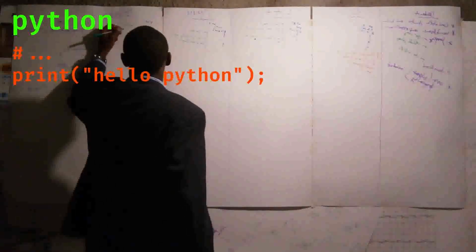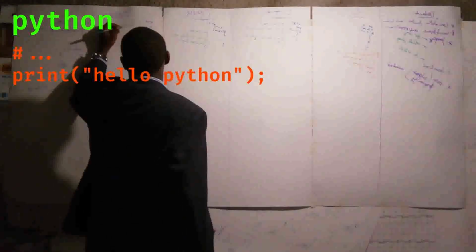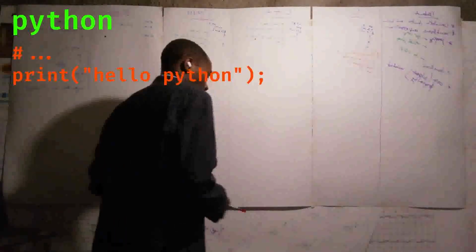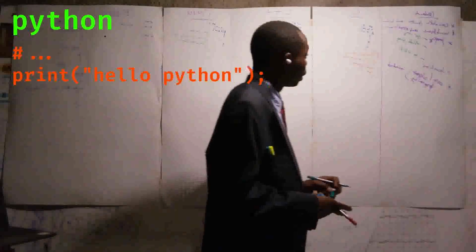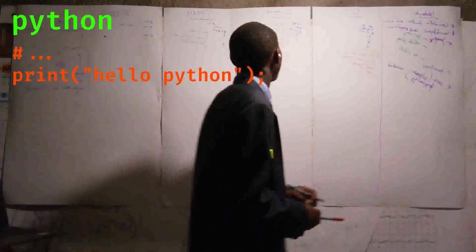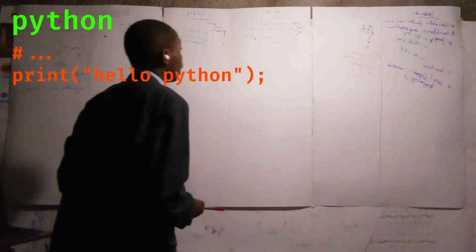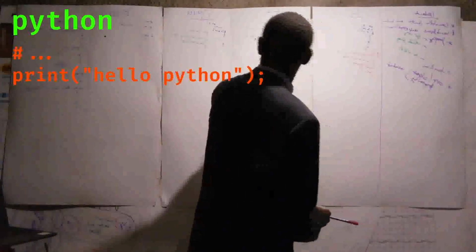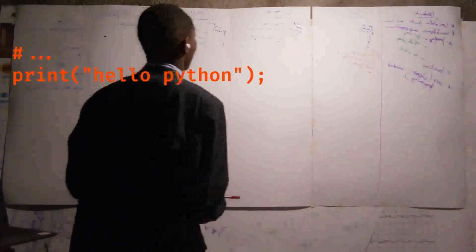So right now we know C, C++, Java, and Python: how can you print character strings onto your console screen?